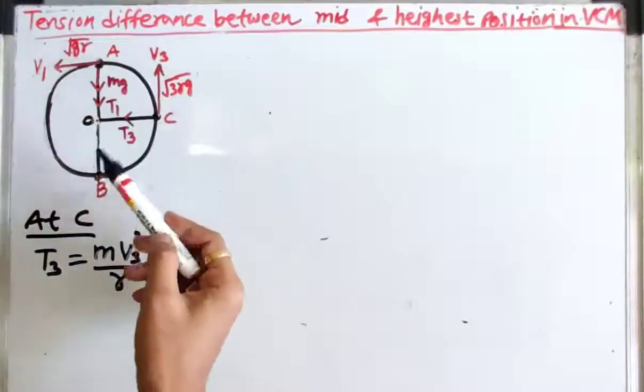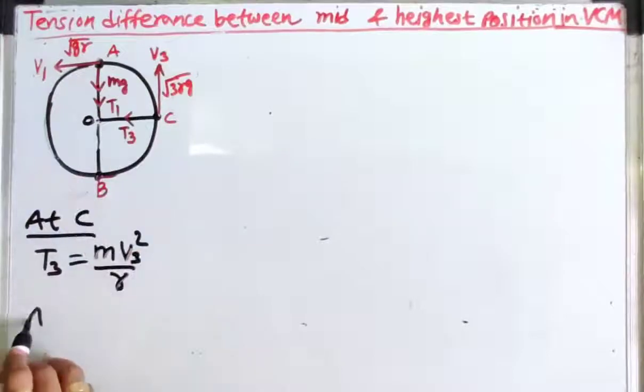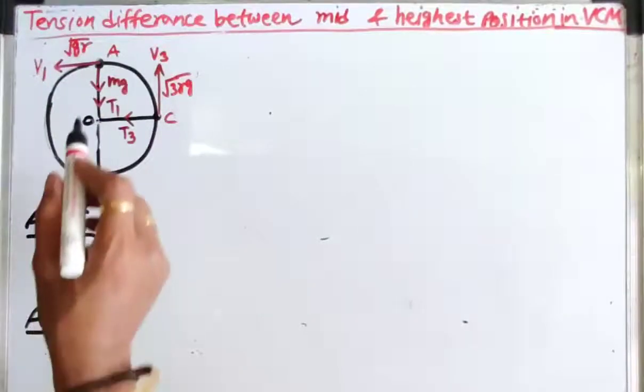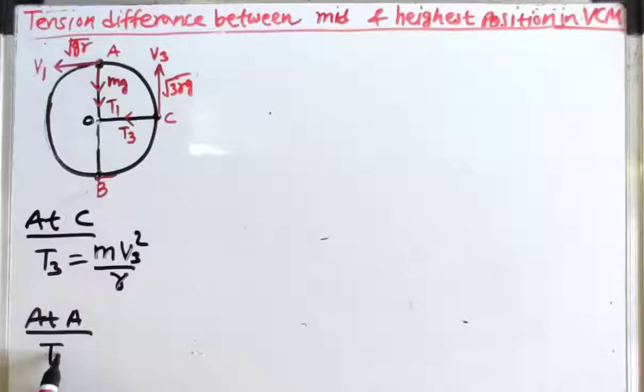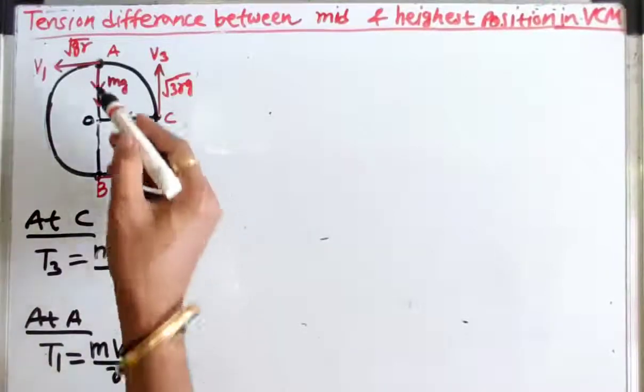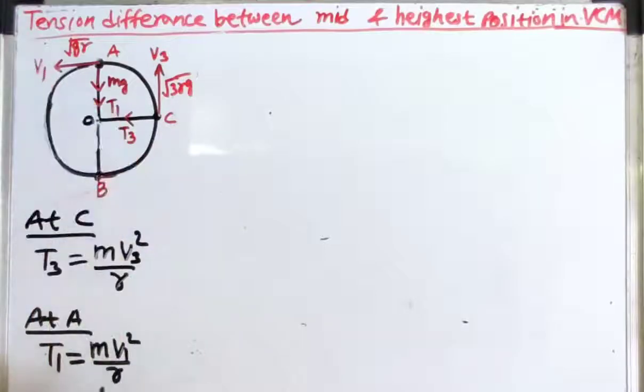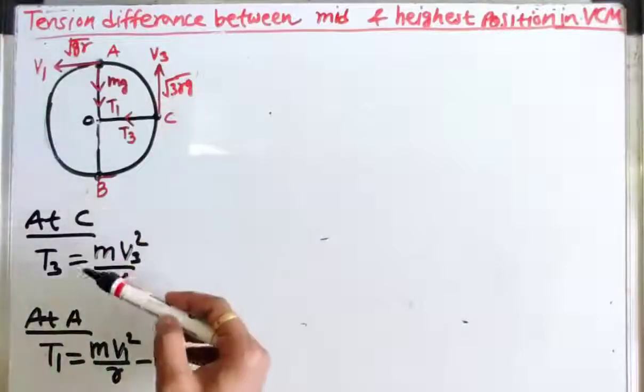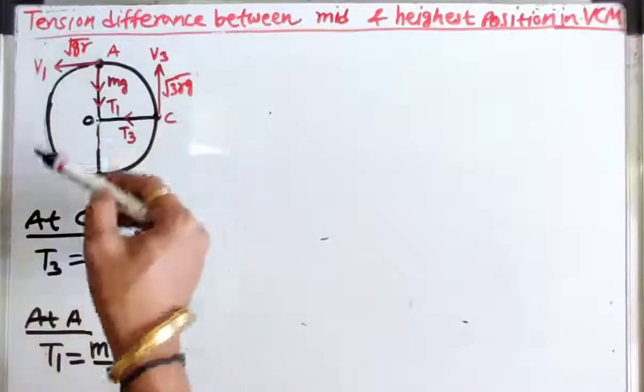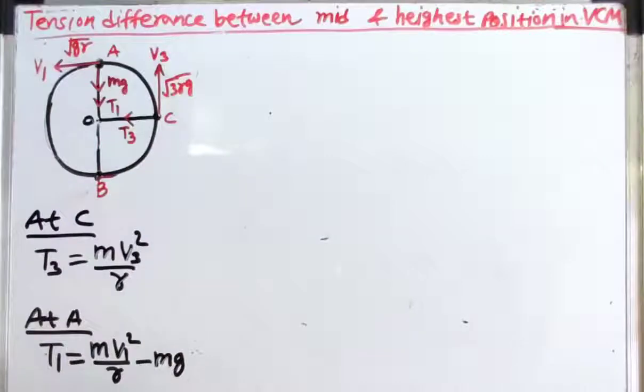Whereas at the highest point, that is at point A, the tension T1 is equal to mv square upon r, here v1, so mv1 square upon r minus mg. This is the tension at the highest point and the earlier one is the tension at the midpoint in the vertical circular motion.